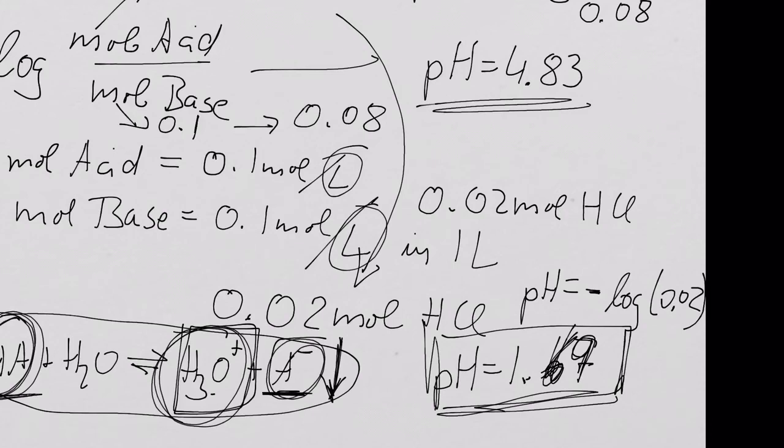And as I said, the buffer is made up of an acid and the conjugate base. If we add an acid, if we add protons, then obviously HA would go up slightly. The base itself would go down. Yeah?